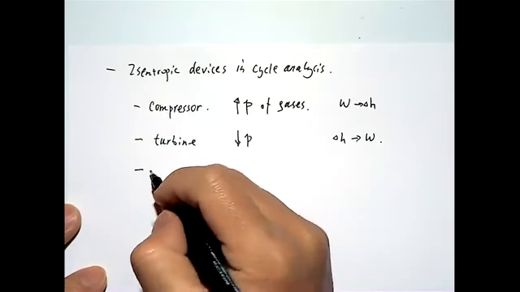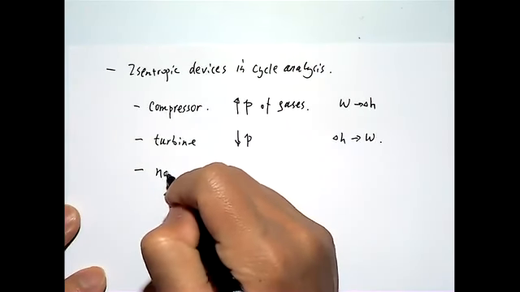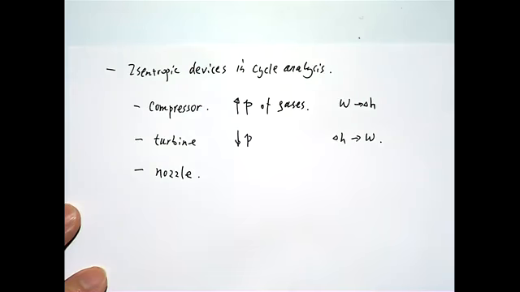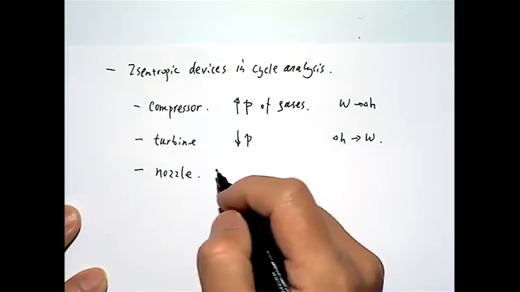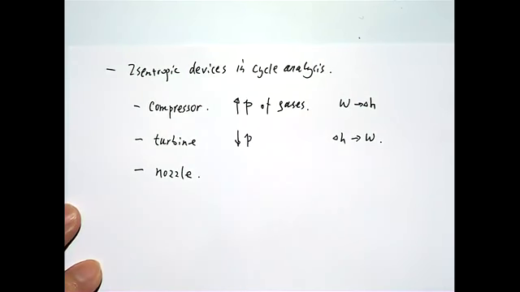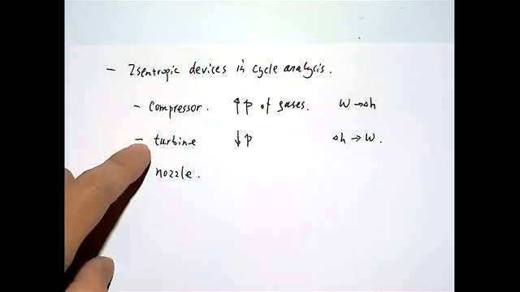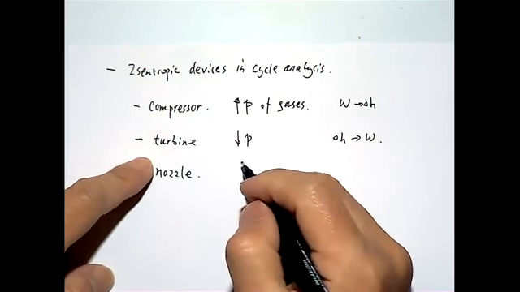Another pair you can consider is called a nozzle, which is another component involved when we're talking about the gas turbine cycle. A nozzle is a device where you have enthalpy at the inlet, and then you have kinetic energy at the end. You can consider it similar to a turbine.